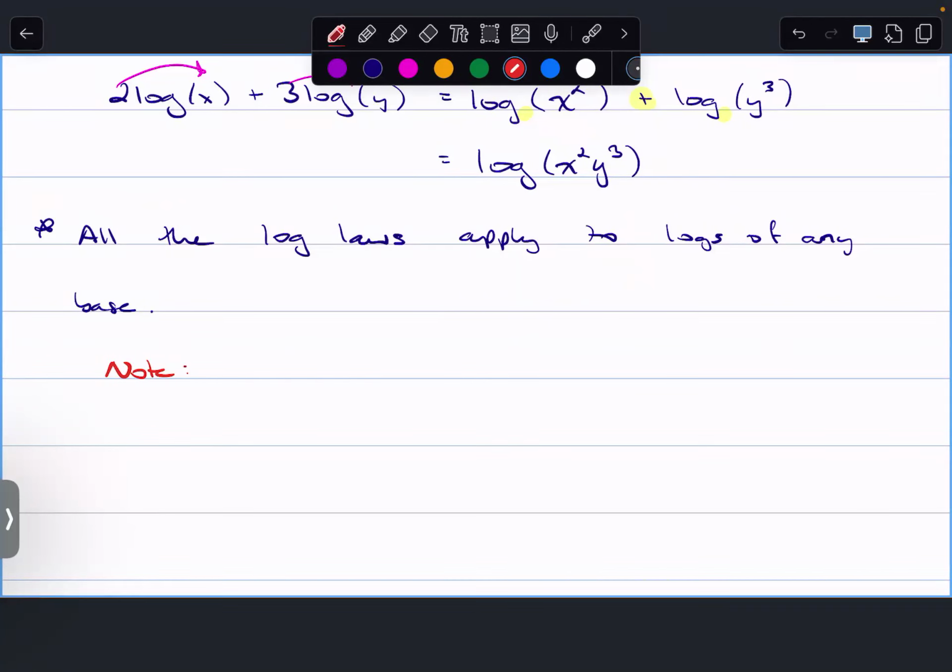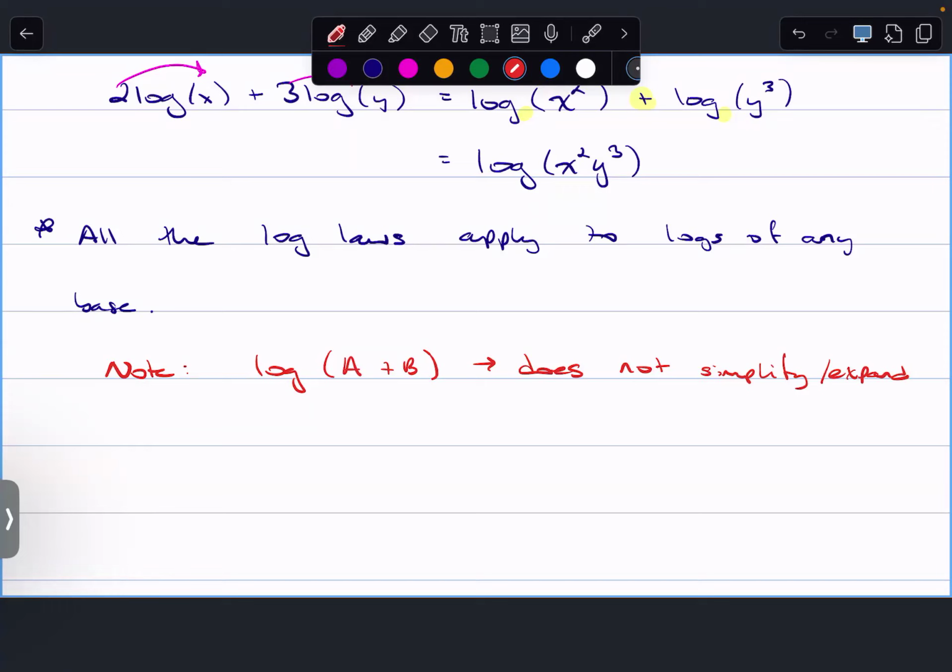One thing, I'll do it in red. Note, if you have the log of a plus b, there's no expansion that you can do here, right? This does not simplify or expand. It's tempting to do the log of a plus the log of b, but that's not the property.